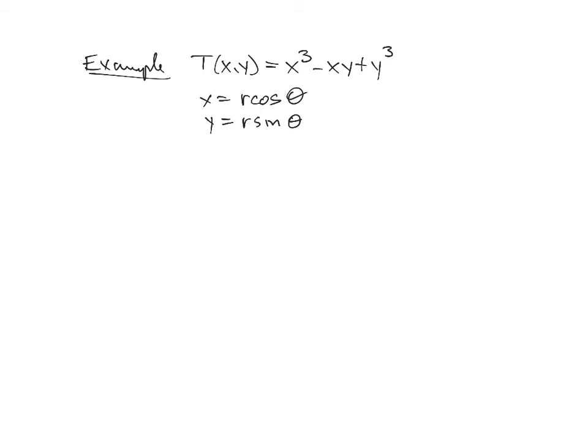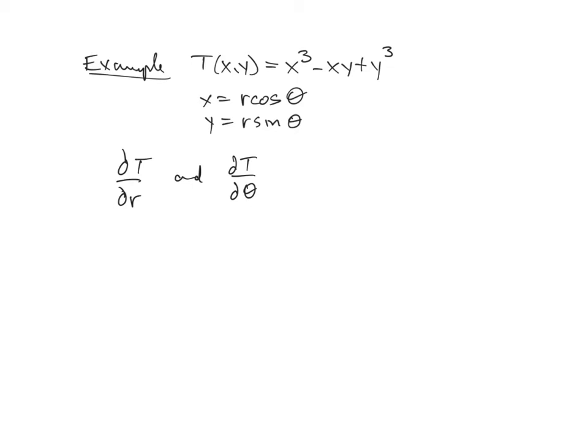But here we're interested in finding the partial derivative of T with respect to r, and we want to find the partial derivative of T with respect to theta. Why don't I write just a regular dT d theta, or a regular dT dr? It's because ultimately T is a function of two variables, r and theta.